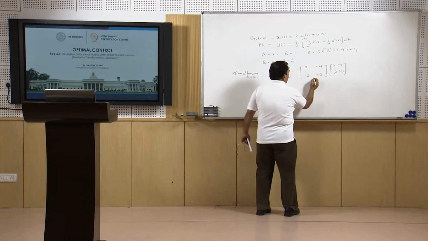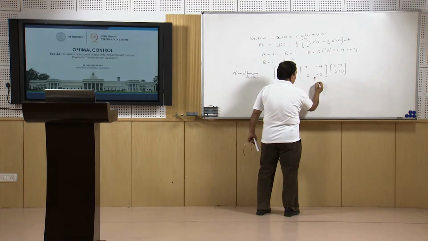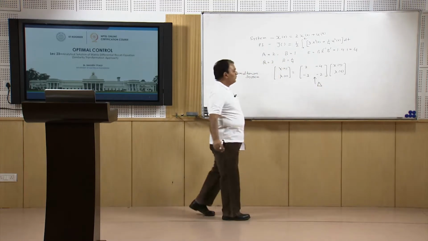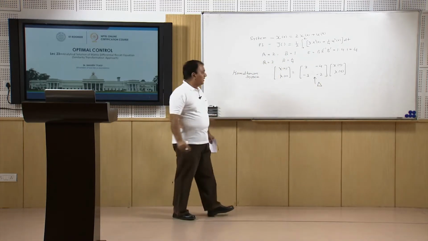For this Hamiltonian matrix delta, we have to find the state transition matrix.